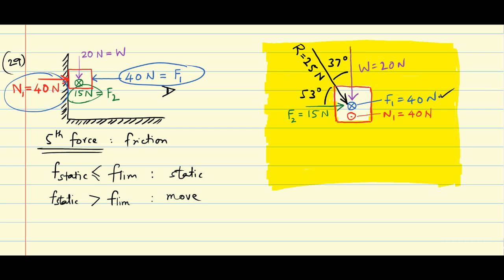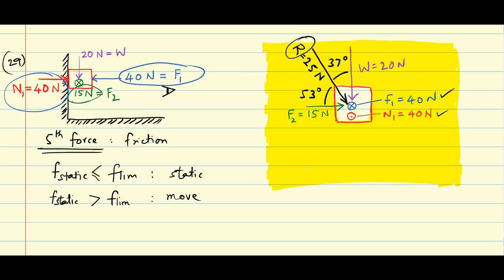You're trying to push the block into the wall. The wall is reacting with a normal reaction N1, 40 newtons. And there's another force R of 25 newtons, which is trying to move the block parallel to the wall. That is, it's trying to slide the block along the wall.